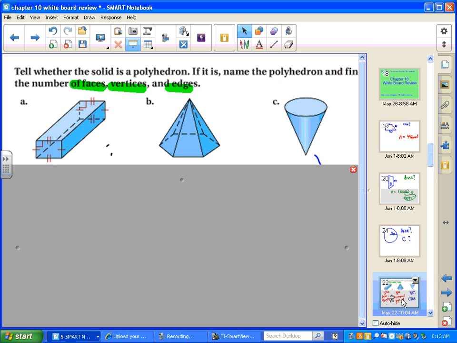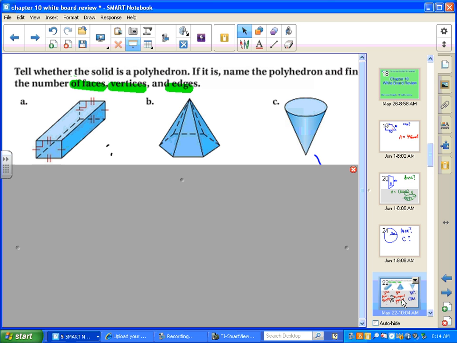There is an A, B, and a C to it. So I want you to put an A, B, and a C on your whiteboard, and I'll read the directions. You need to tell whether the solid is a polyhedron. So the first thing that you put for each one is yes or no. If it's yes, name the polyhedron, and then list the number of faces, vertices, and edges.